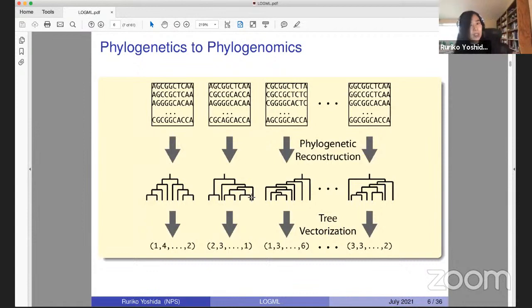This is an extra difficulty for developing machine learning models. So my question is developing machine learning models on a set of phylogenetic trees. I hope it's clear. If you have questions, just let me know.